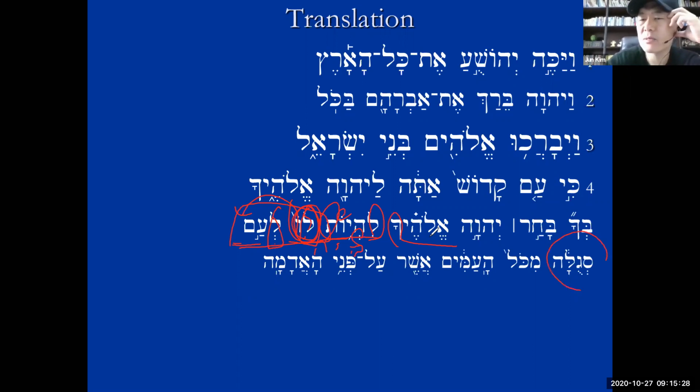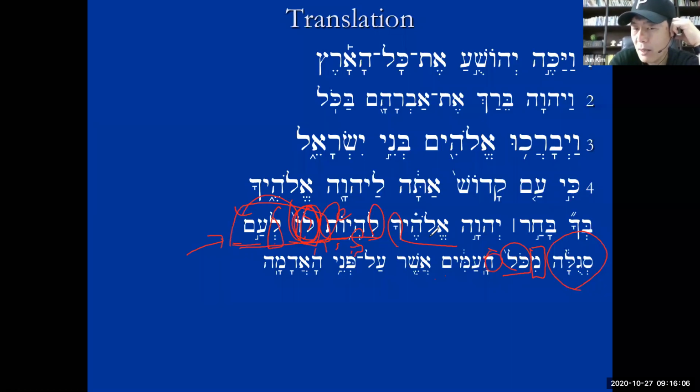And then I think this one meaning is given in your textbook. What is the meaning? Possession and treasure. Okay. So possession is what we can see in the preceding words. To be his people. And then it is what? Possession or treasure. From mikol, all. And what is this?